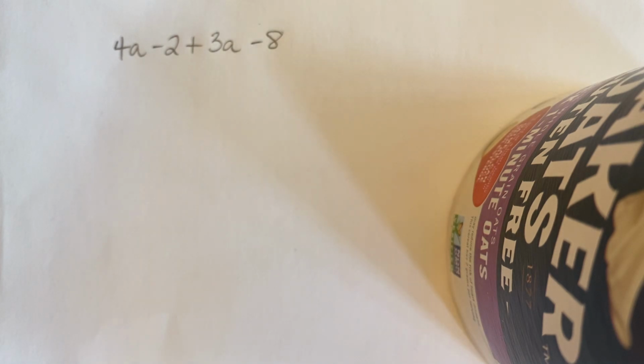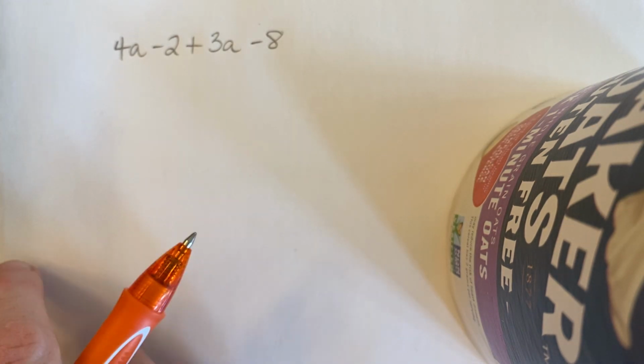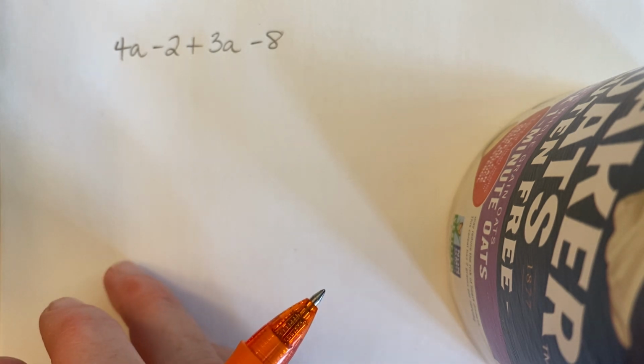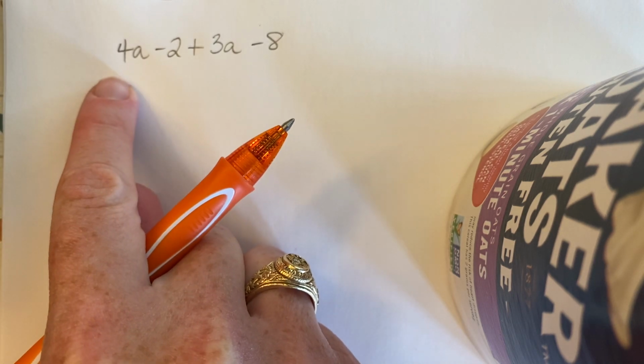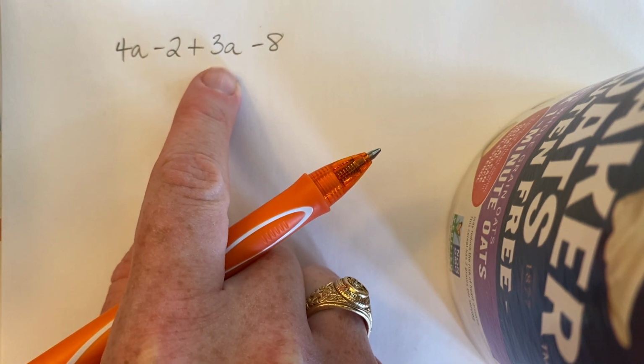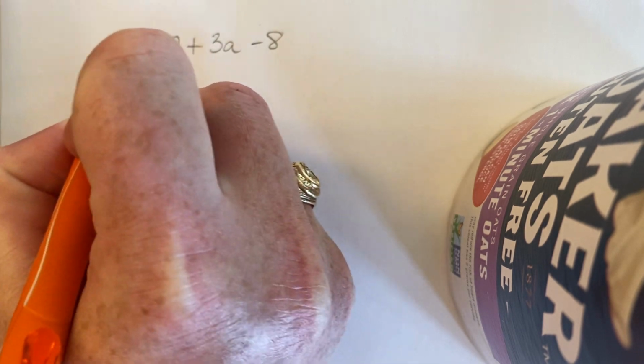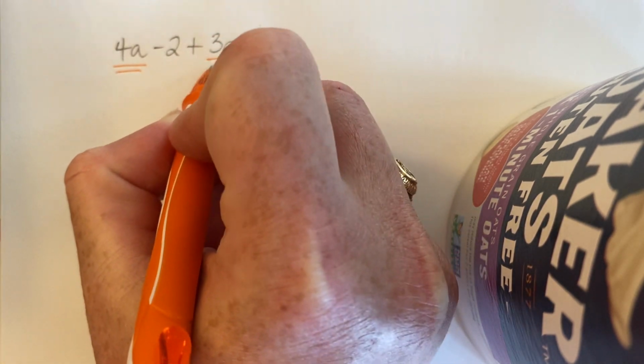This time, instead of circles and triangles, I'm going to use symbols. I'm going to make my terms that match look alike. I see a and a. I know those are alike, so I'm going to mark them with the same symbol. This time I'm going to underline them twice with orange.